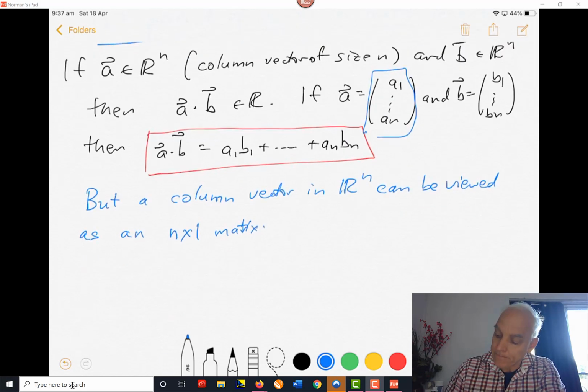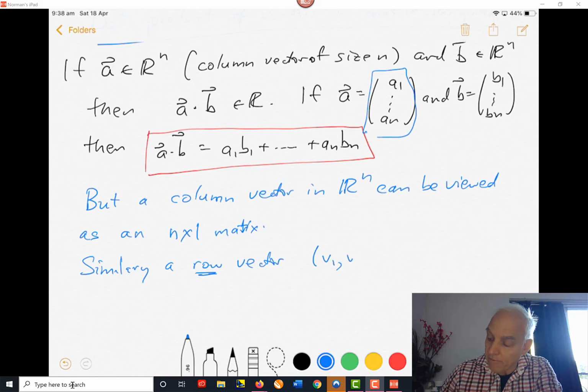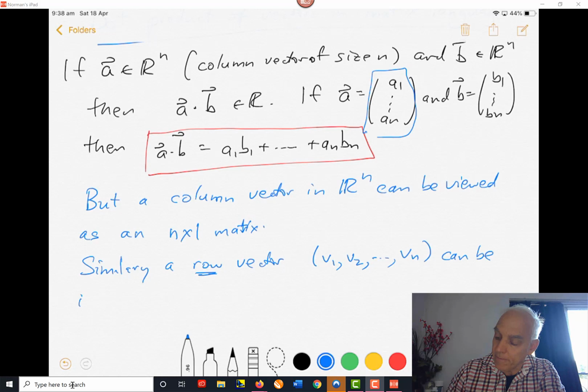Now, similarly, a row vector, which we usually write as something like v1, comma, v2, comma, vn. So this is what a row vector looks like. This can be interpreted or recast as a 1 by n matrix.